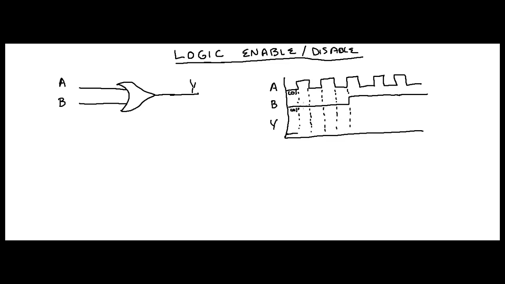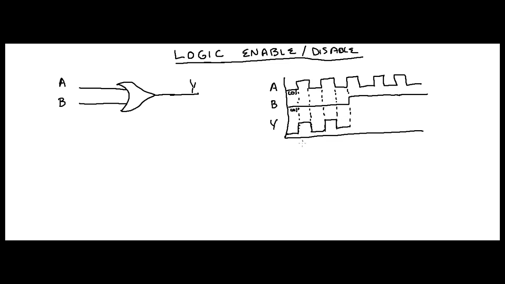Now, what do we have here? We have a 1 and a 0. What's that going to be? For an OR gate, that would be a 1, right? There it is. And then we're going to repeat. We have a 0, 0. So we're going to repeat this.